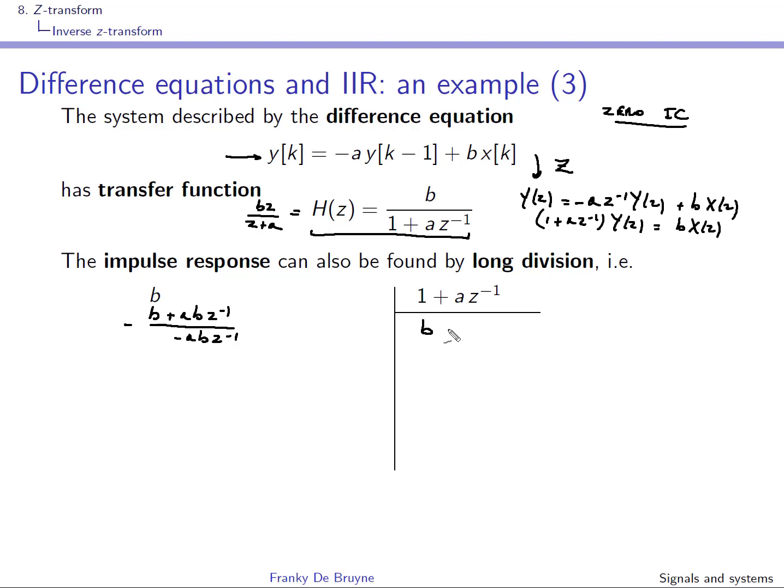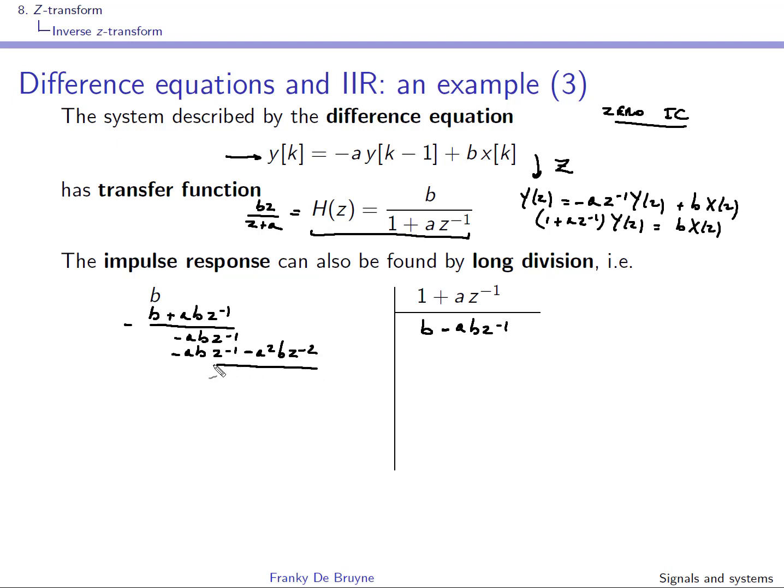The next term will be, well, we have 1 over here, minus abz minus 1 over here, so we need minus abz minus 1. Okay, so we multiply with this term, so what you have is minus abz minus 1 plus, minus a square bz minus 2.